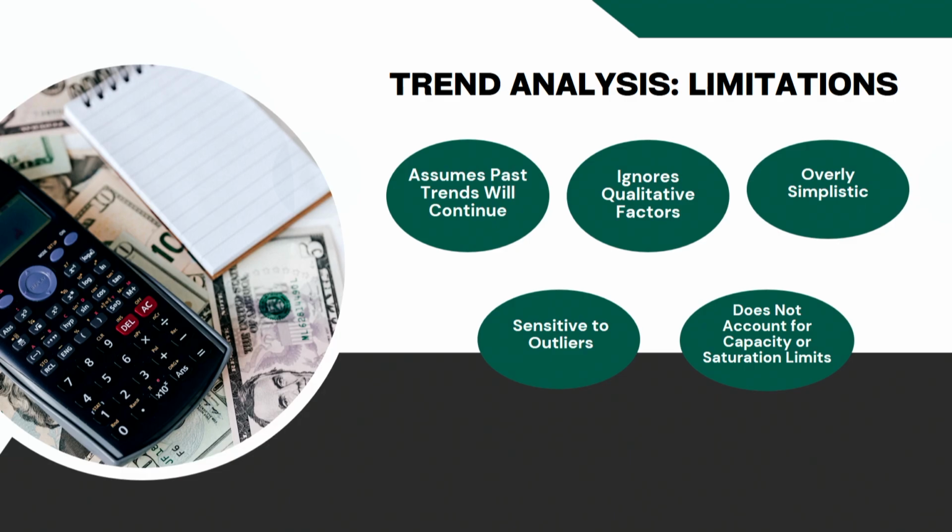Then the third one is, it is overly simplistic. Obviously, when you make a journey into the unknown world of the future and take it for granted that what has already happened in the past is going to happen in the same manner, in the same magnitude and with the same vigor, it is rather a foolish approach when you talk about projection of income statement using trend analysis.